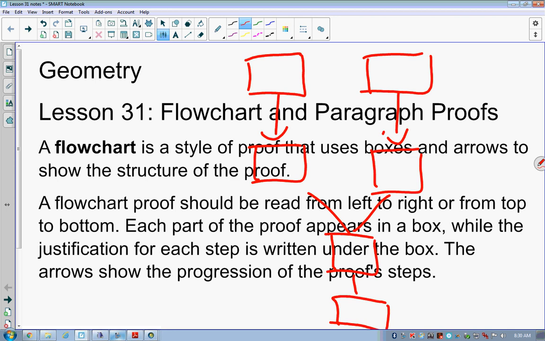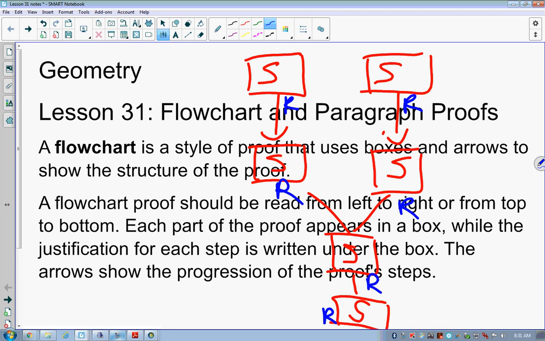So statement, statement, statement, statement, statement, statement. What goes underneath the box is the reason. So instead of seeing the reason drawn out in the second column, it's drawn right underneath that box. Does that make sense? Okay. It's the same statements.